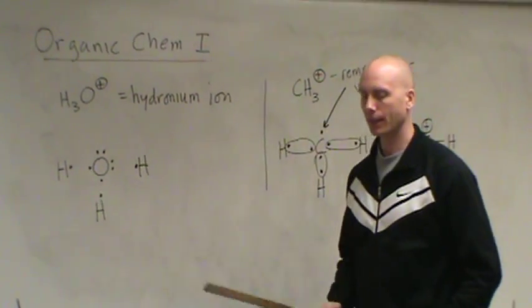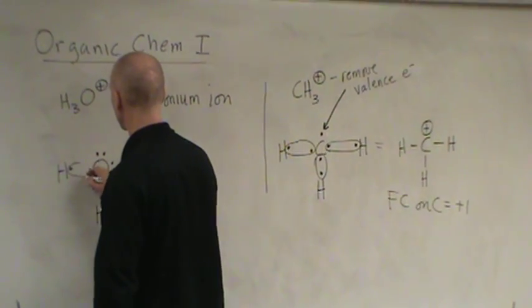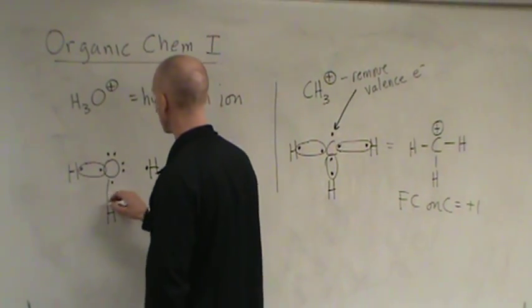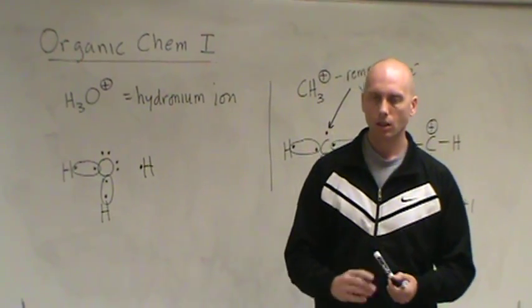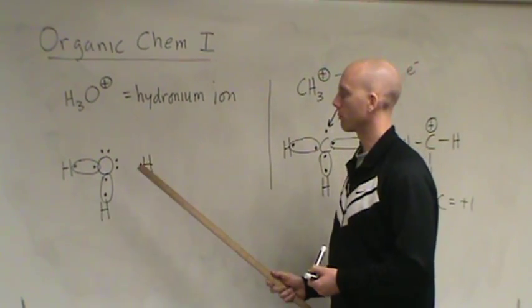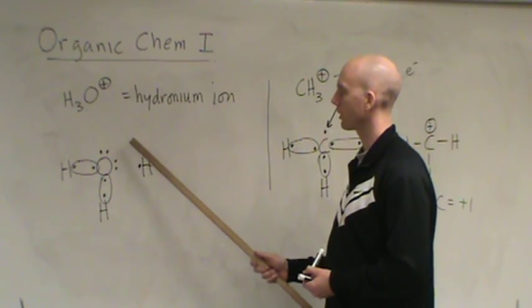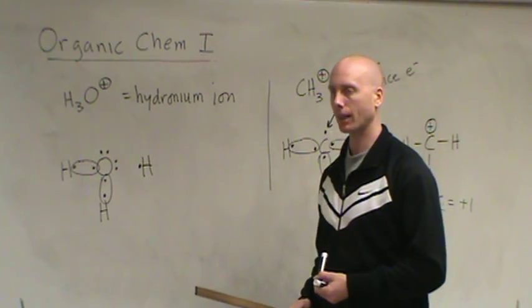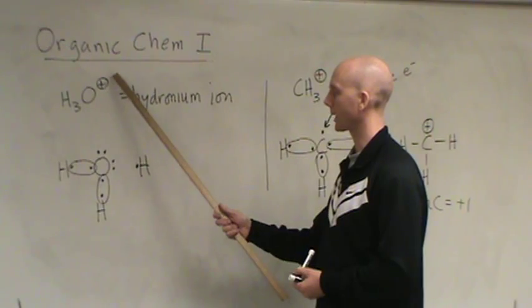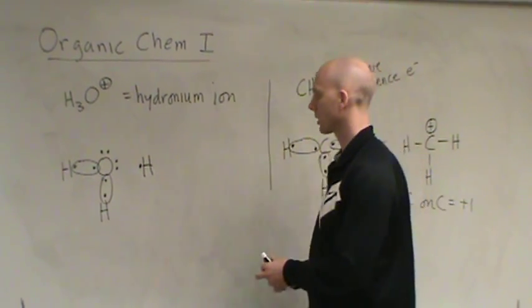So now let's play connect the dots. So the hydrogen and oxygens can connect. But now I have a problem. I don't have any more singles. Well, this is where now my positive charge can help out, can it? Because now it says I can remove one of the valence electrons.